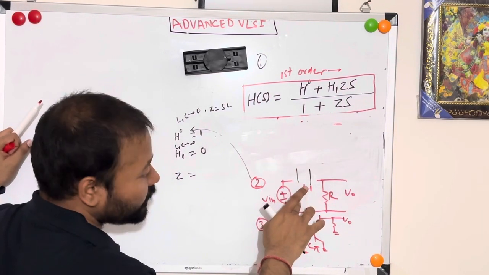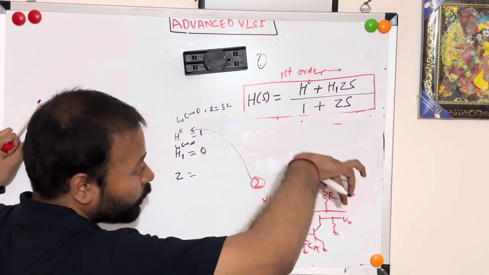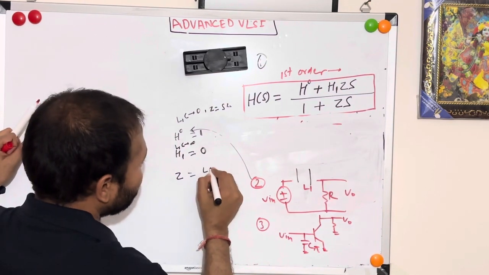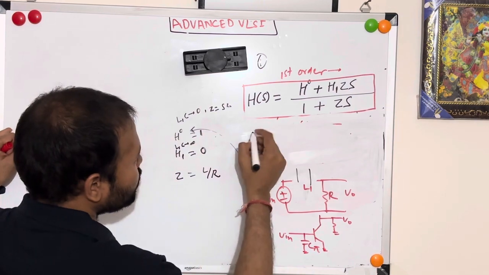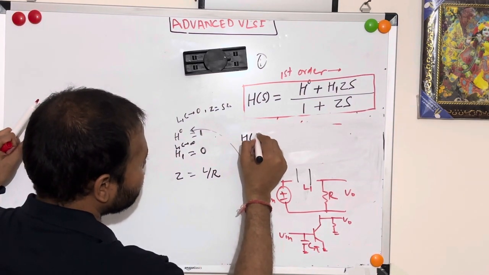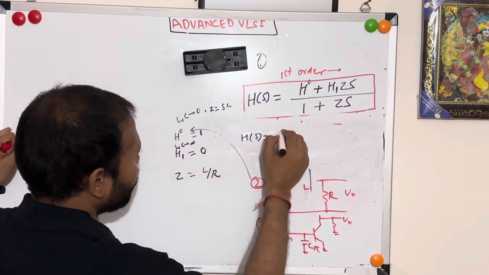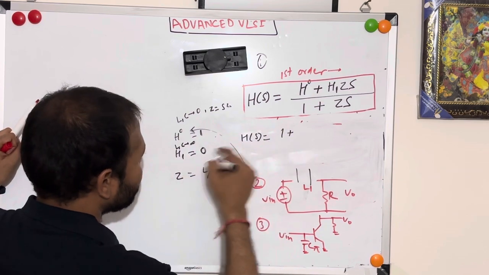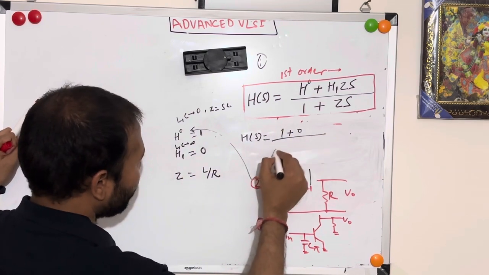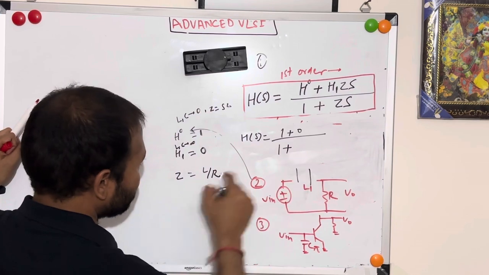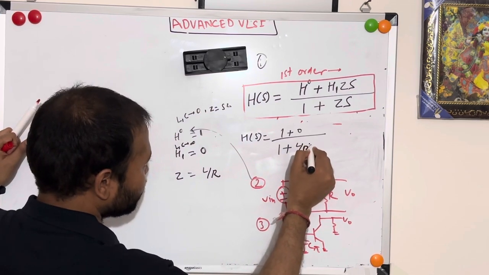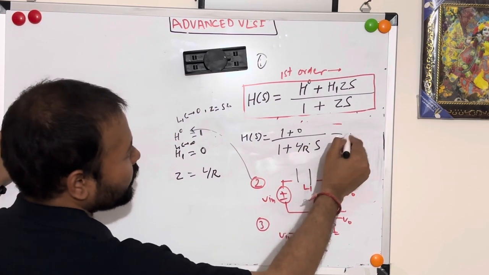If I put the short circuit here, then only R will be there. So it is L by R. Just put it in the equation and you will get it. H of 0 is 1, plus H1 is 0, divided by 1 plus tau, L by R, into S. So again this is a low pass filter.